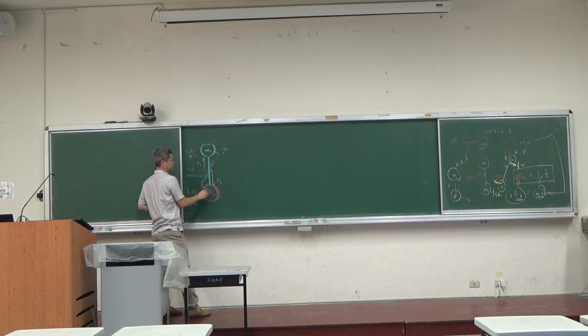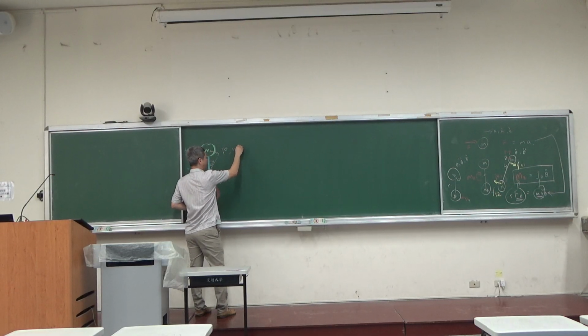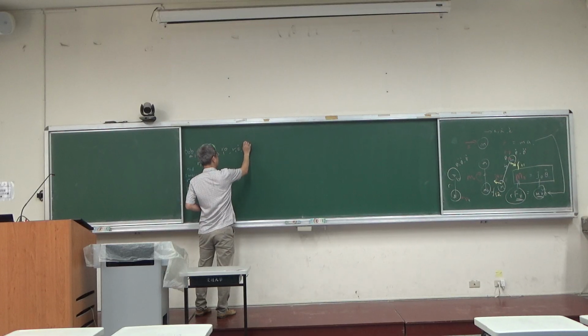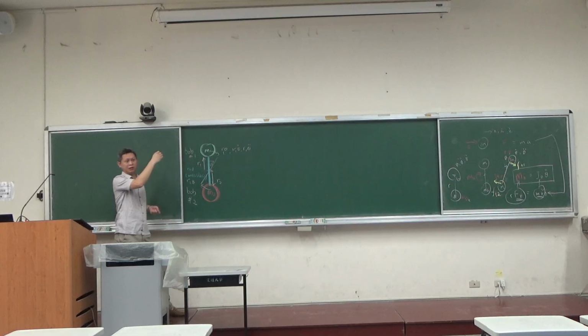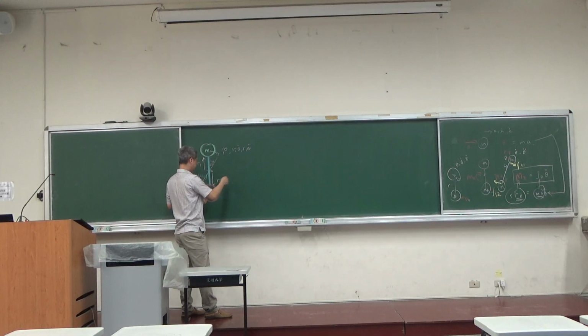This one will go through a displacement of R2 theta dot. Likewise, you can get the velocities and accelerations by multiplying the radius with the angular speed and so on.